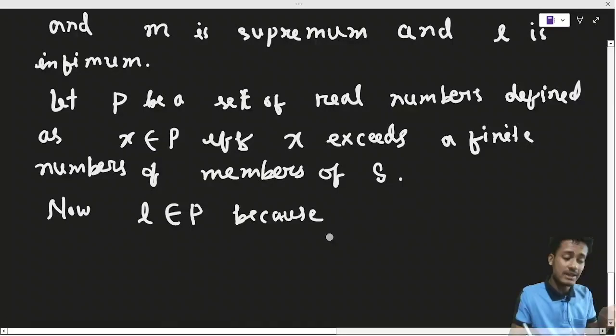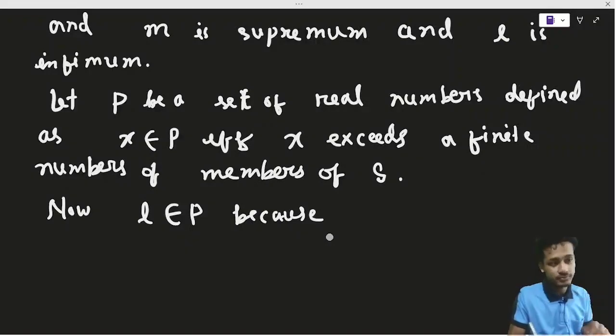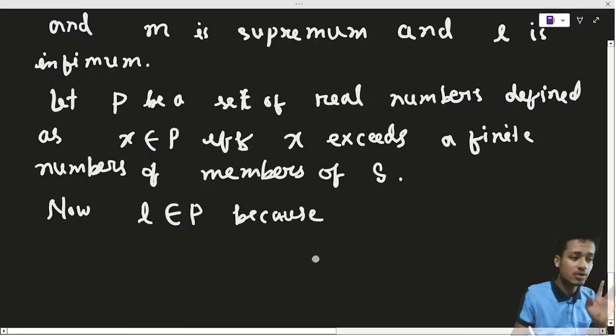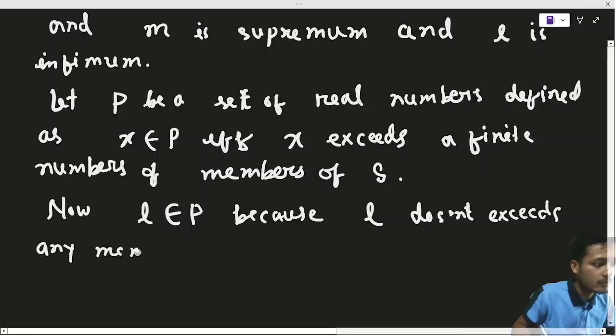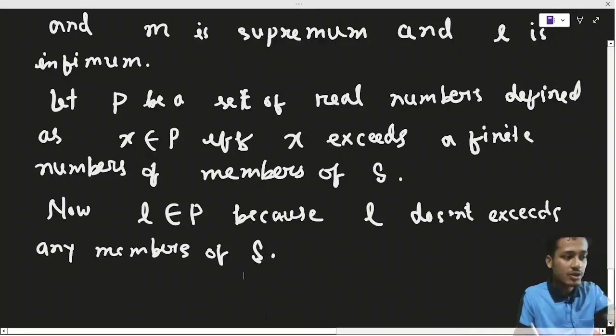So ऐसा कोई भी एलिमेंट नहीं है जो स्मॉल l से छोटा है. So small l exceeds zero members of S. So small l exceeds a finite number of members of S. That means small l belongs to P.